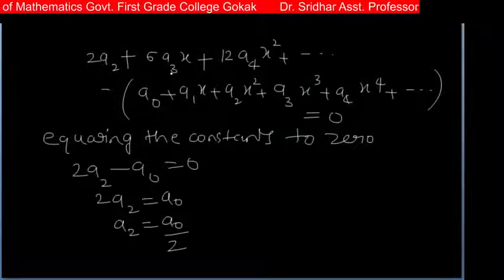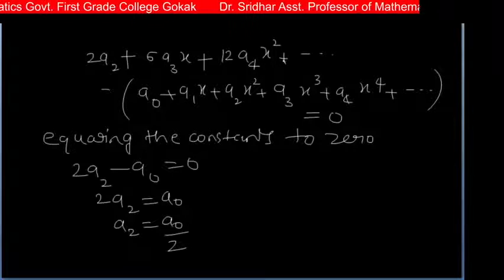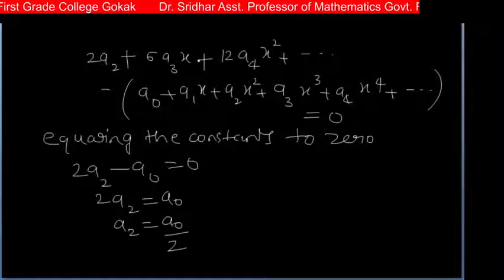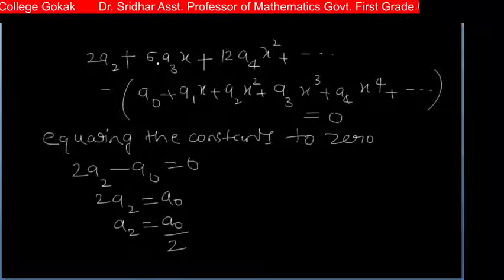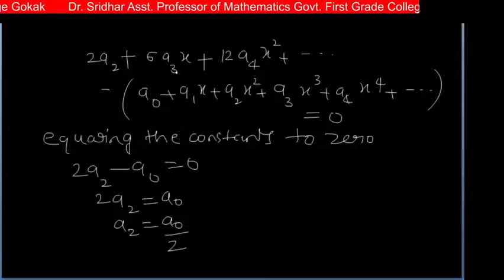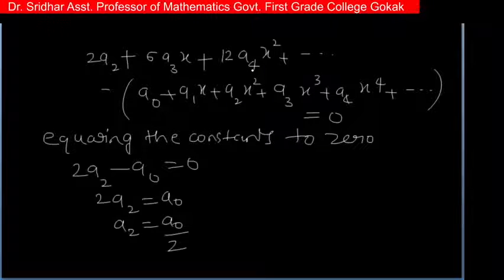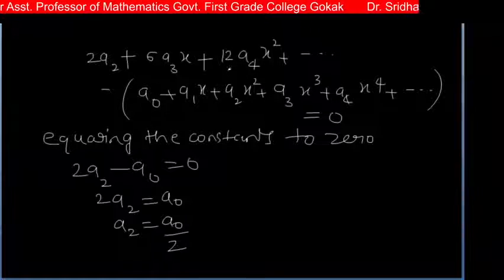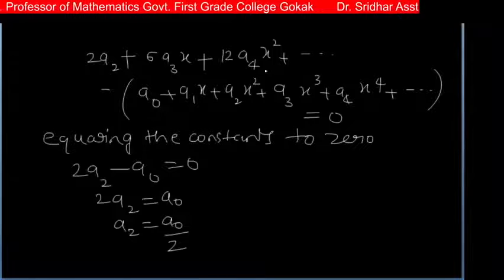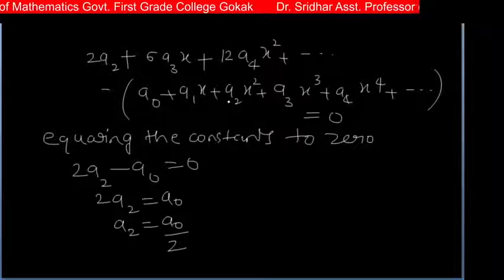When x is equal to 2, this is 4. When x is equal to n, right? Then 6 means it is 3 factorial, and it is 4 factorial, 4 into 3 into 2 into 1. So 4 into 3, 12, 12 into 2, 24. So 12a4 x square, equating the coefficient of x raised to n.